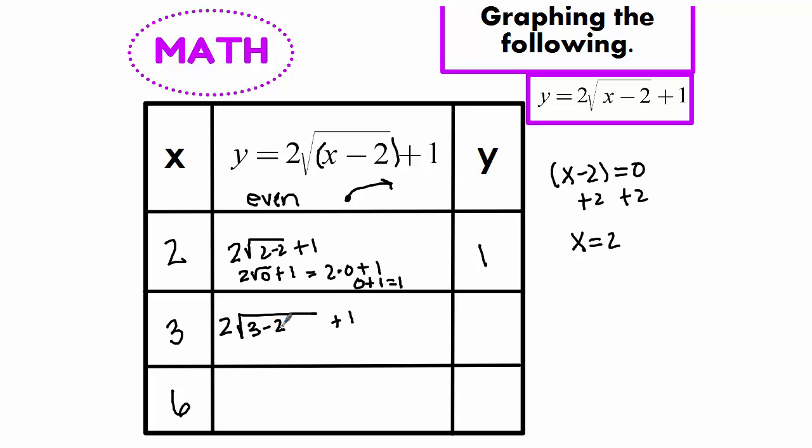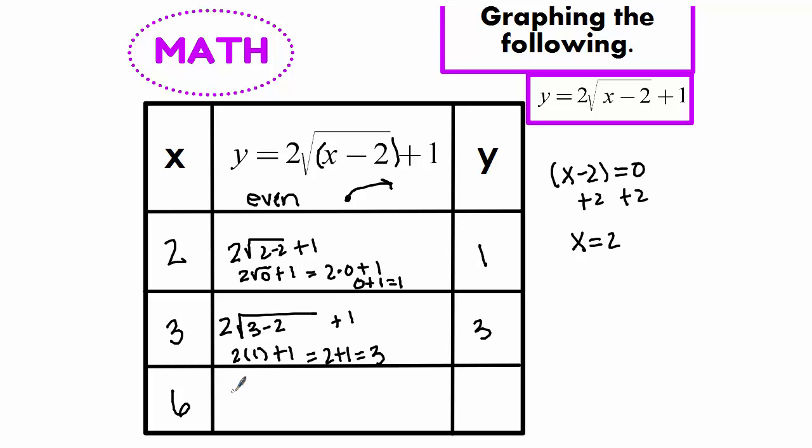So I do 3 minus 2, which is 1. The square root of 1 is 1, so I'm going to skip to that step. So again, 3 minus 2 is 1, and then I square rooted it and got 1. And then I multiply it by the outside, so 2 times 1 is 2, 2 plus 1 is 3.